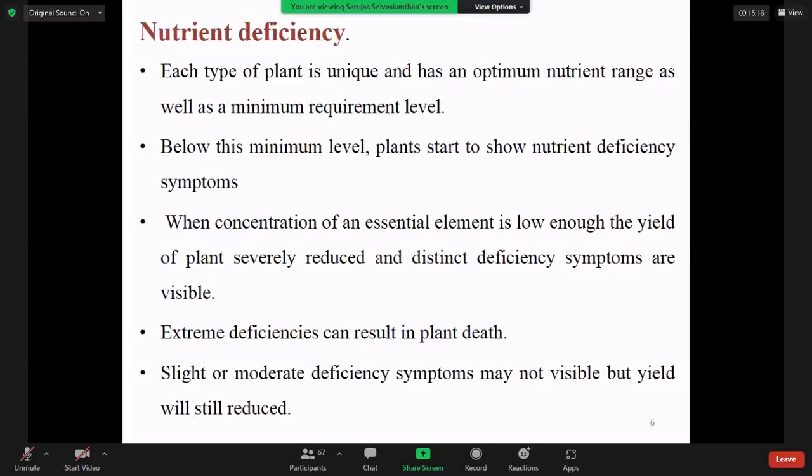When the concentration of an essential element is low enough, the yield of the plant is severely reduced and distinct deficiency symptoms are visible. If the plant goes through a prolonged period of a certain nutrient deficiency, the plant will die and the yield will be reduced. You can still get a yield if the deficiency symptom is moderate or slight, although the yield is comparatively less.